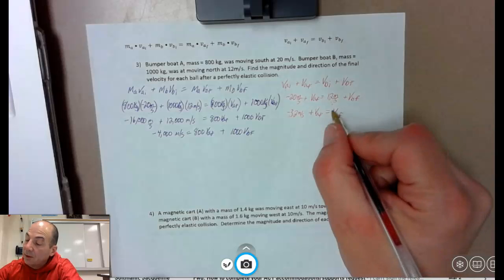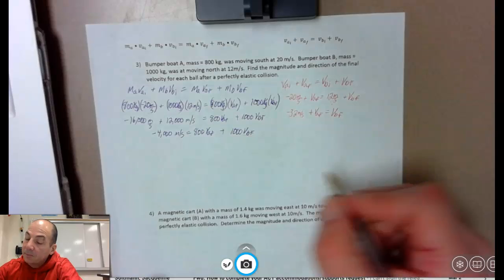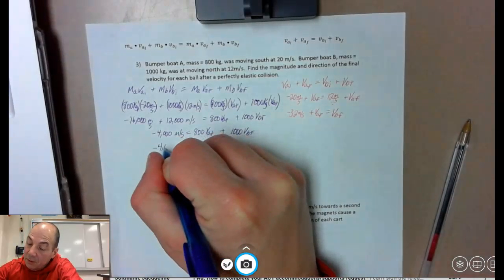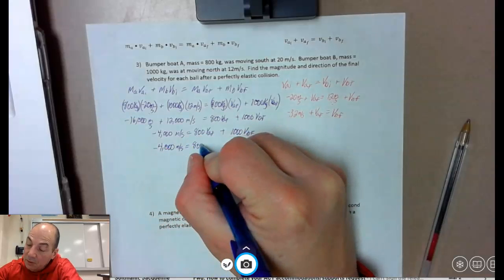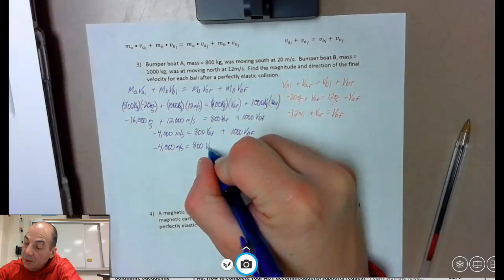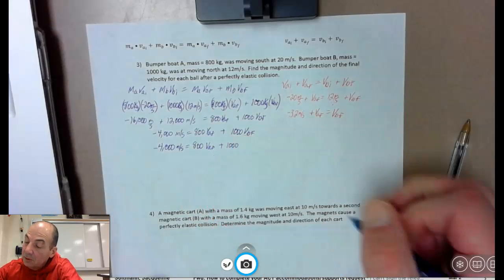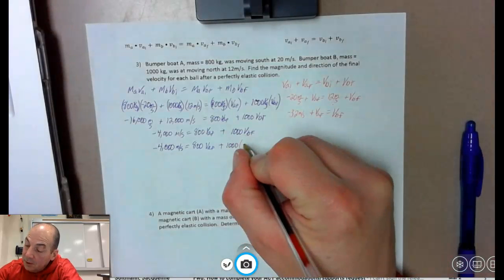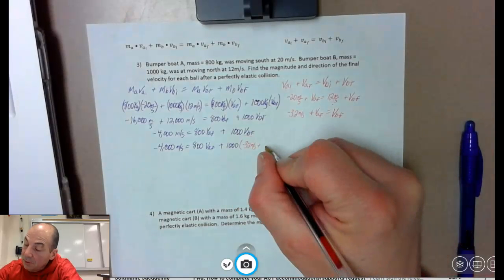All right, so I'm going to take this, substitute in for VBF here. So I have negative 4,000 meters per second equals 800 VAF plus 1,000, and this is where I'm substituting in negative 32 plus VAF.